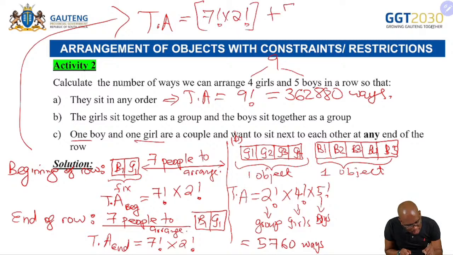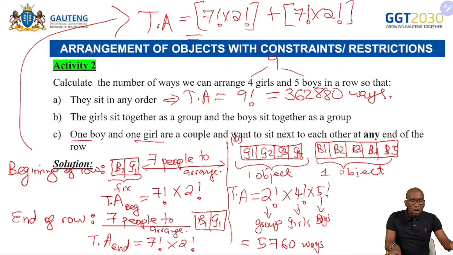7 factorial times 2 factorial. We are now using our probability union because we have this occurring here or occurring there. So we need to take the union of those particular combinations. So we would have 7 factorial times 2 factorial plus 7 factorial times 2 factorial.